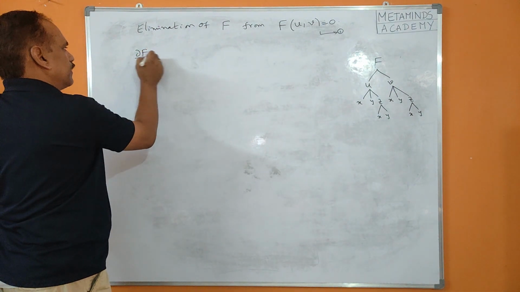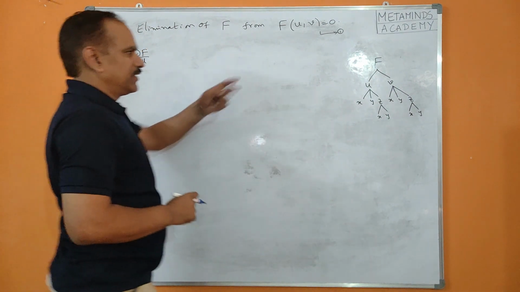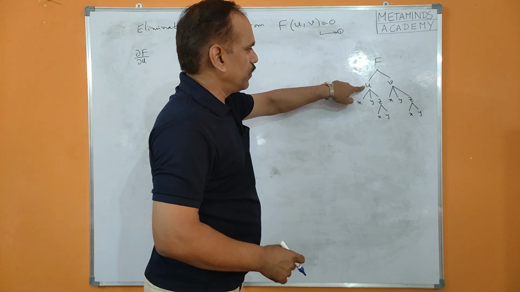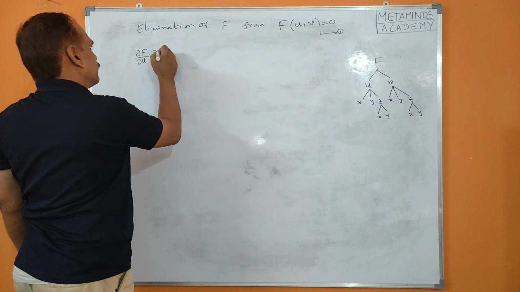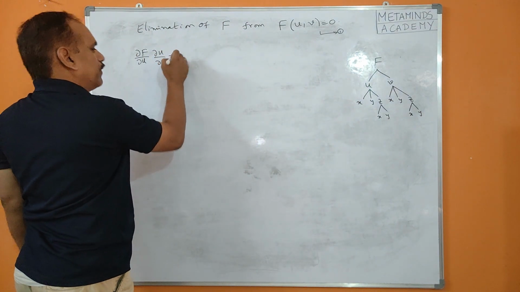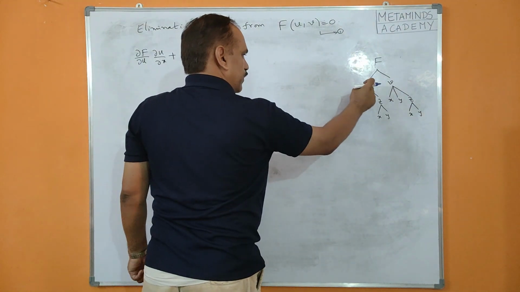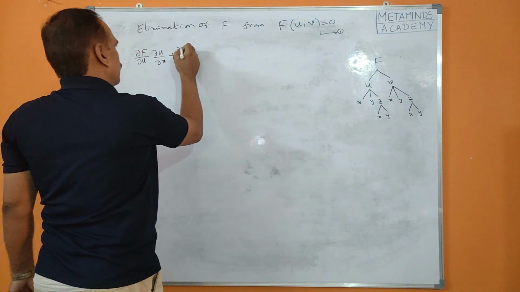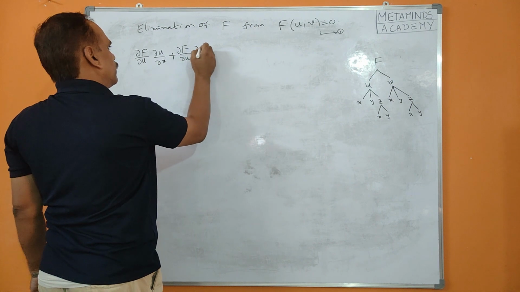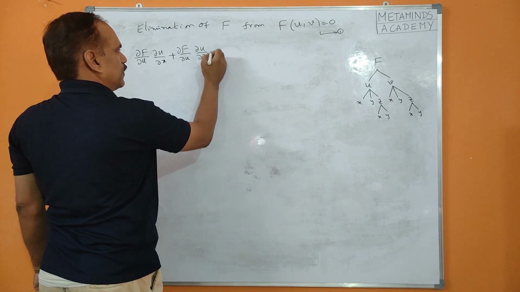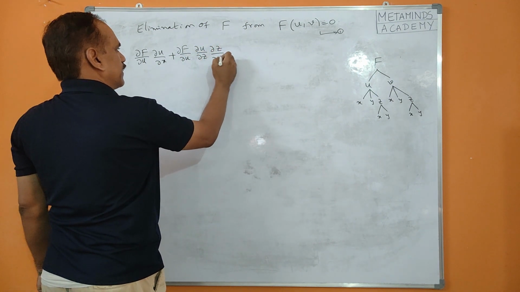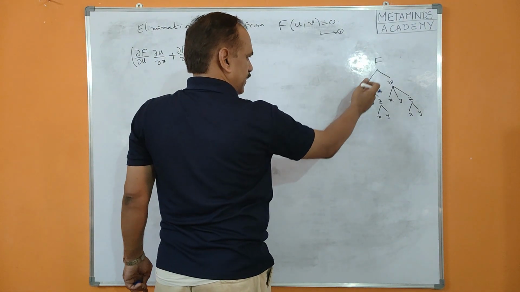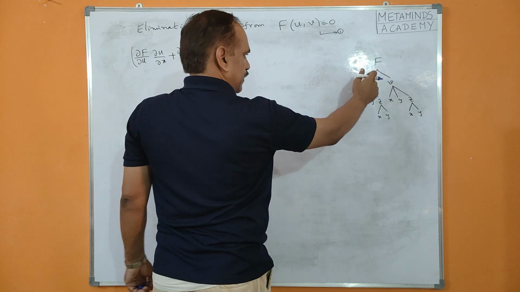Since f is a two variable function, you will get dou f by dou u into dou u by dou x, plus dou f by dou u into dou u by dou z into dou z by dou x. This is all differentiating f with respect to x in this branch.